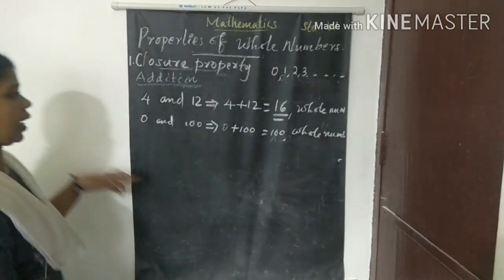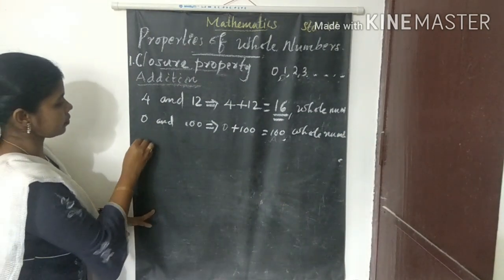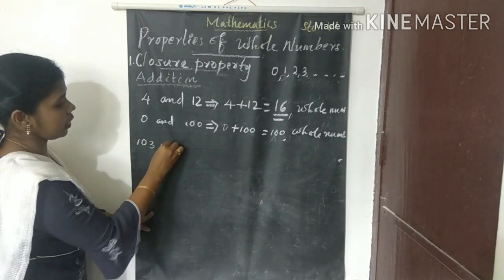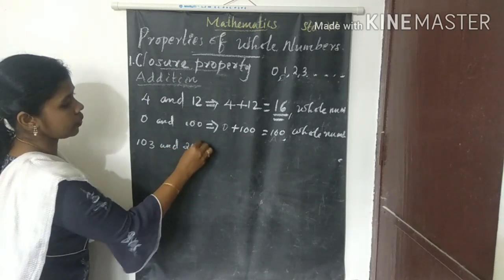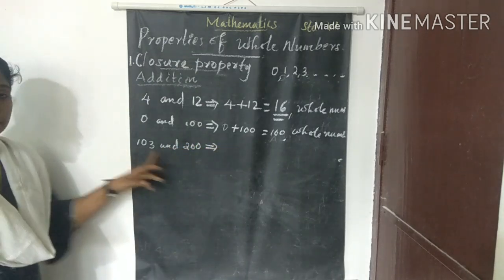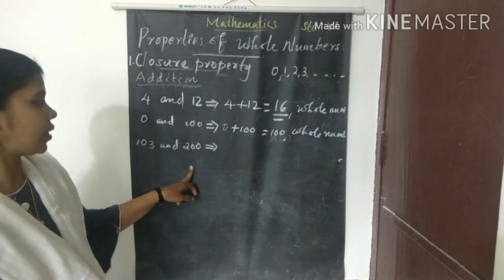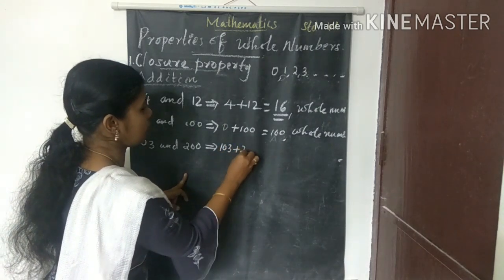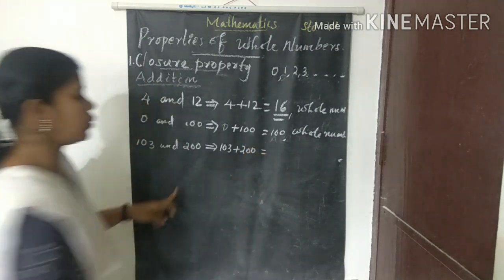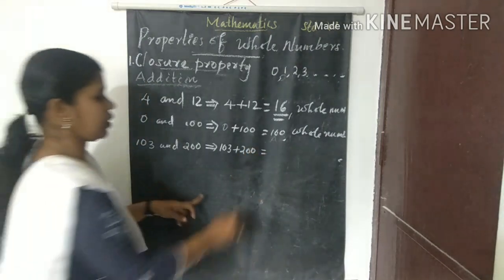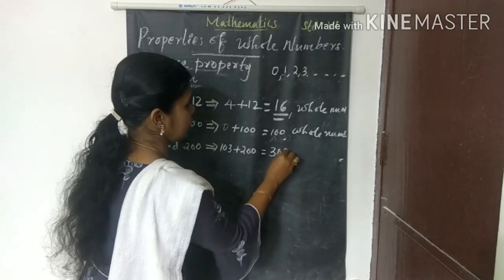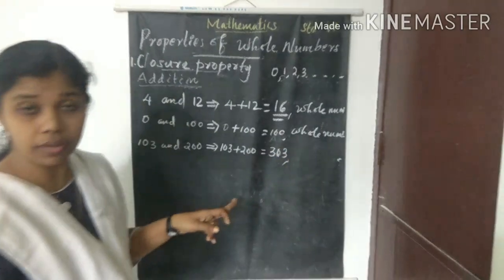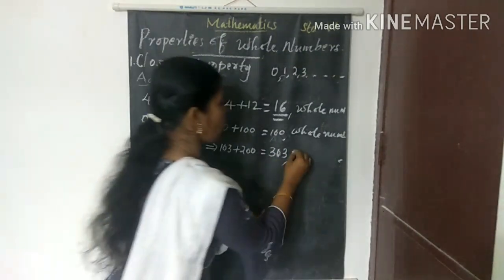Then another example, 103 and 200. These two are whole numbers. Let's take their sum. 103 plus 200 is equal to 303. Is 303 a whole number or not? It is a whole number.